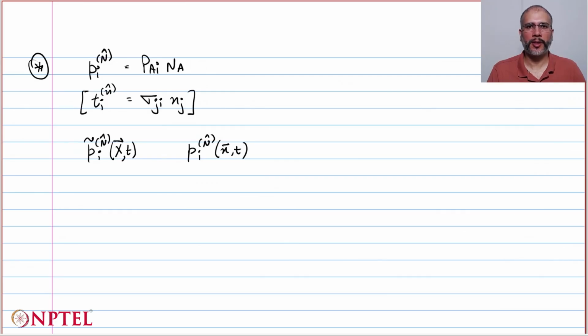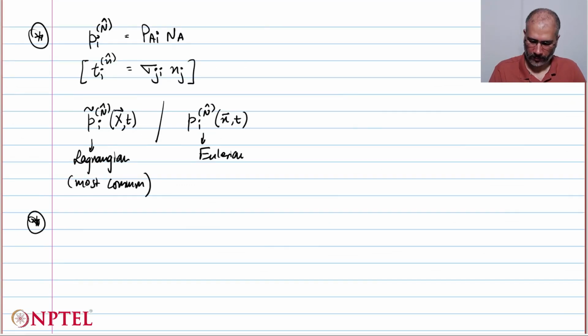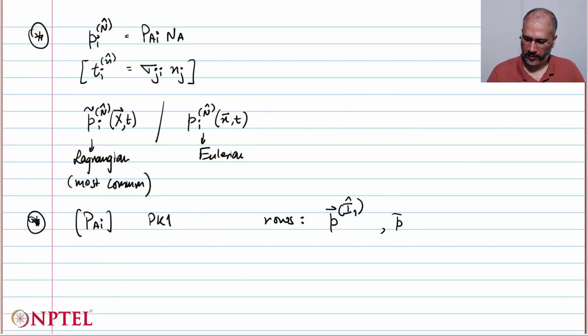So for the discussion now, I will choose to omit the tilde, but that may still mean that it is a Lagrangian description of the quantity. So the rows of this PK1 stress tensor basically denote the stress vectors written on areas with a unit normal along I1 hat, I2 hat, and I3 hat.